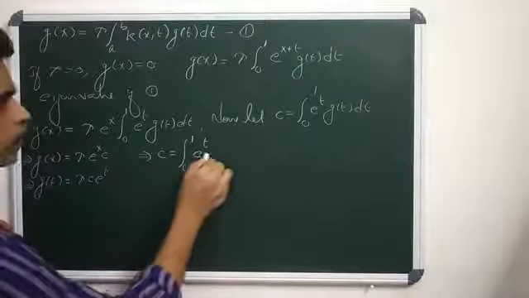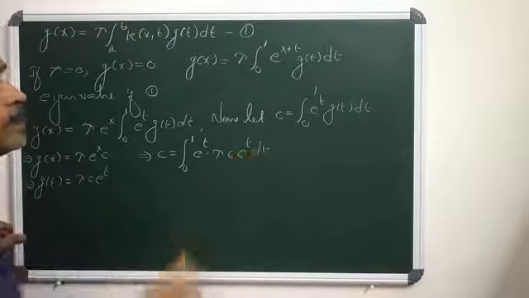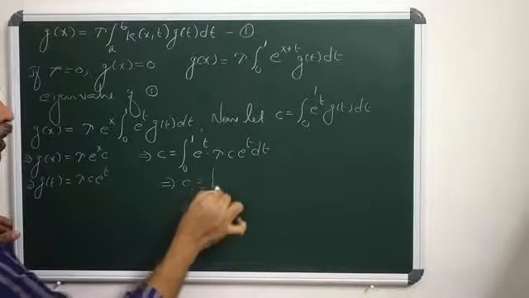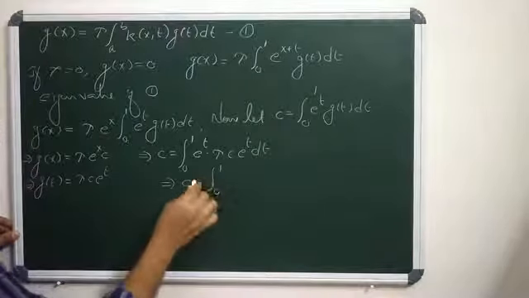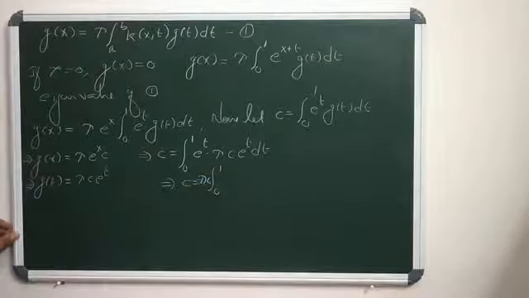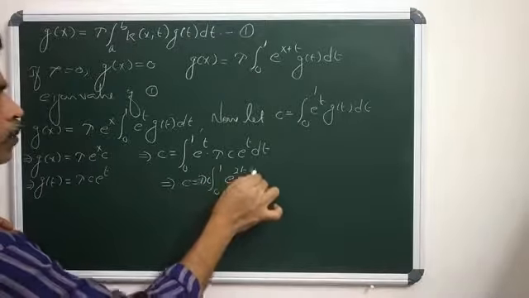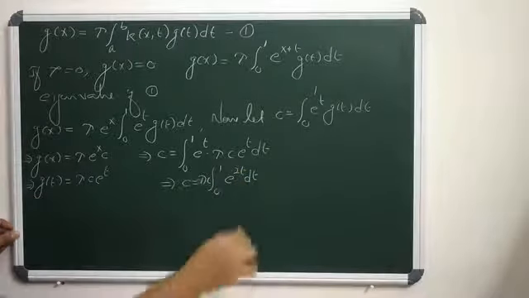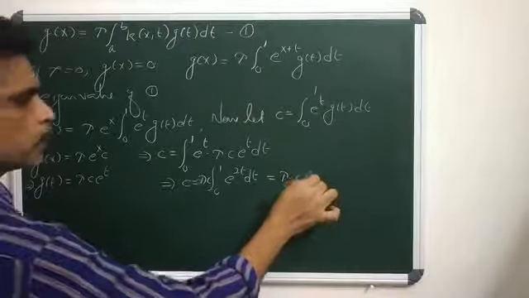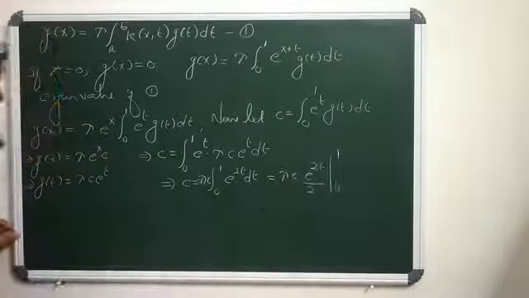So c equals the integral from 0 to 1 of e^t times lambda c e^t dt. Here lambda and c are constants, so they go outside the integration: c = lambda c integral from 0 to 1 of e^(2t) dt. The integral of e^(2t) is e^(2t)/2 from 0 to 1.